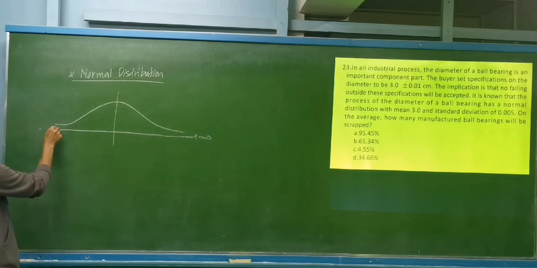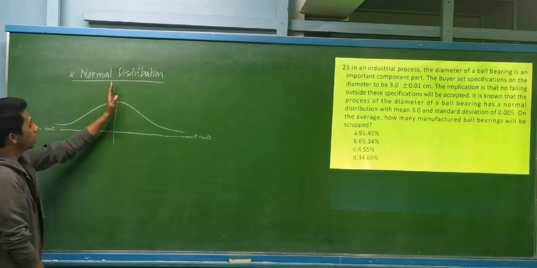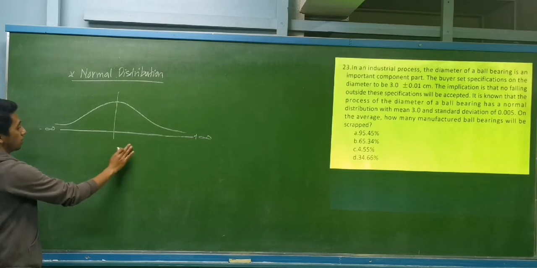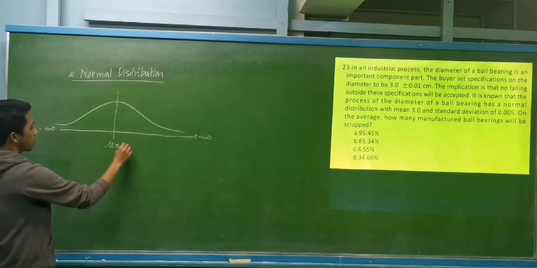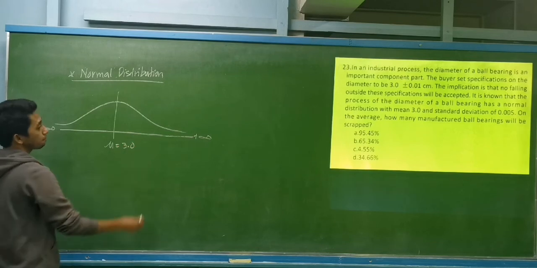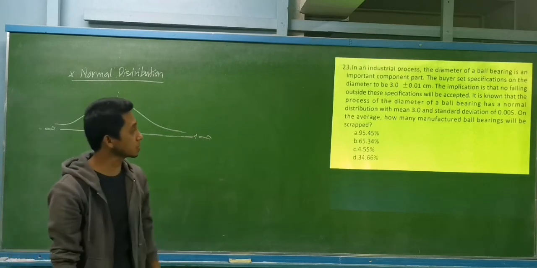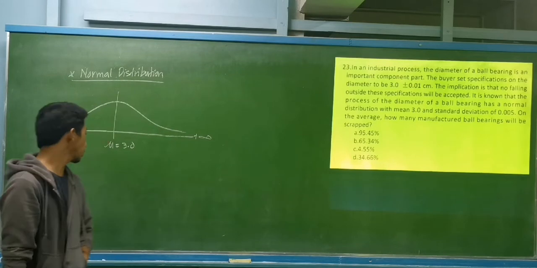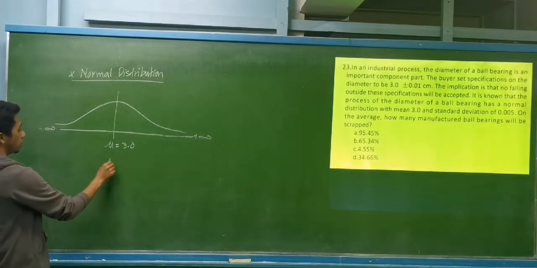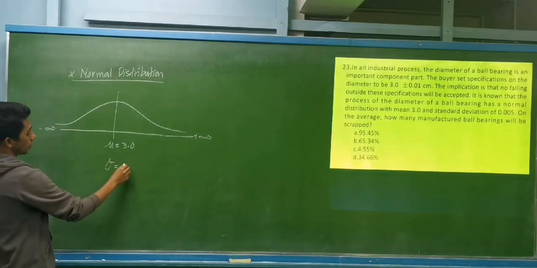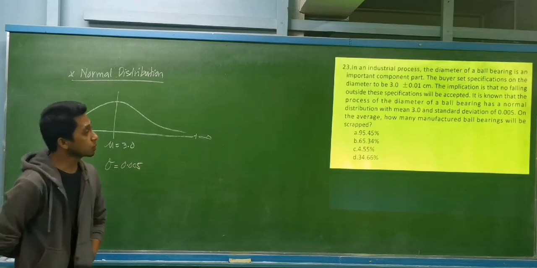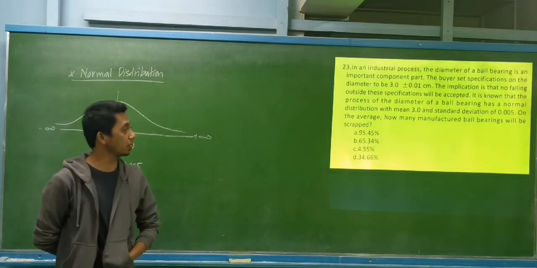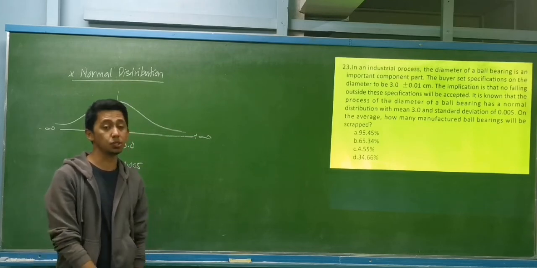Sa left side naman is negative infinity. Hatiin natin yung graph sa value ng mean. Yung value ng mean, sabi sa problem, is 3.0, and a standard deviation, yun naman yung sigma, of 0.005. Tinatanong dito, on the average, how many manufactured ball bearings will be scrapped?